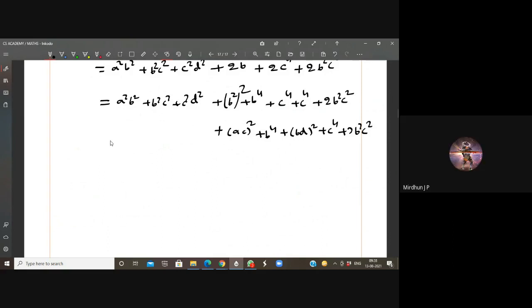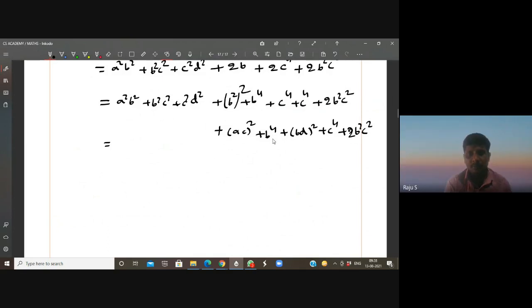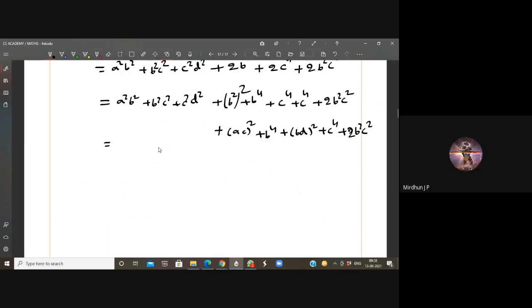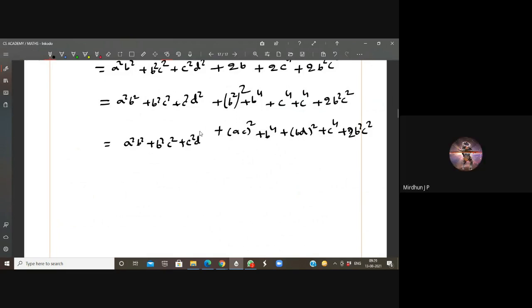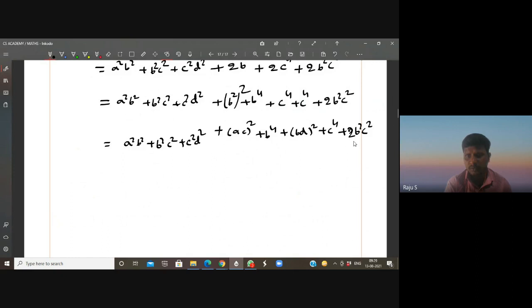Then A square B square plus B square C square plus... 3B square C square came there, sir. Yes, 2 will be there here, 1 here, totally 3. Why don't you write 3 then? Simply 3. You can cancel it.